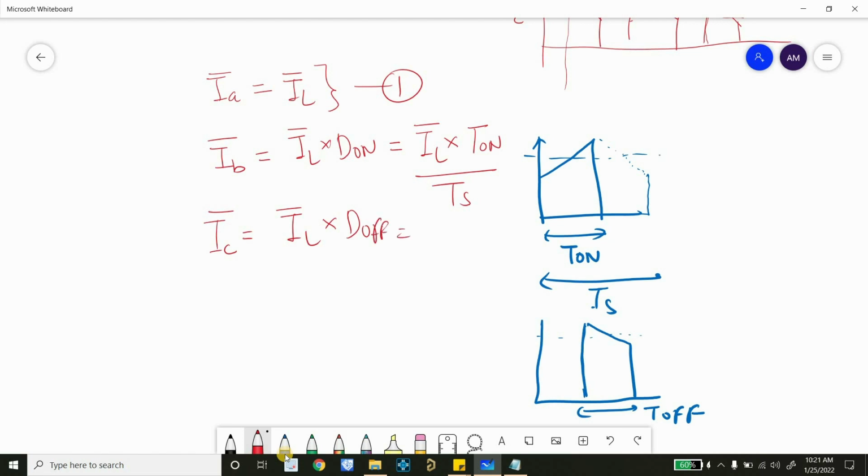If we further expand it, it will be the inductor current multiplied by T off, divided by the total time period. Using these three expressions, when we apply KCL on any circuit using a switching element, we can calculate and derive the waveform. We'll discuss that in detail during the buck converter derivation.